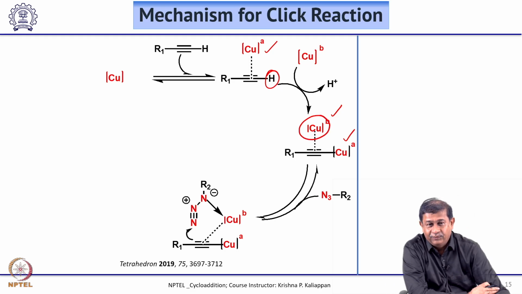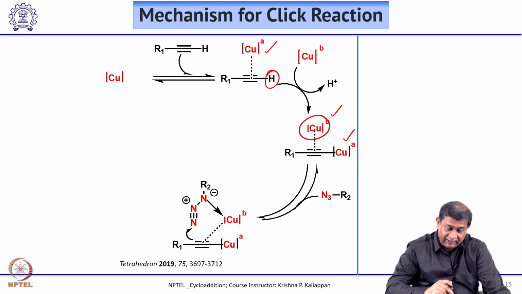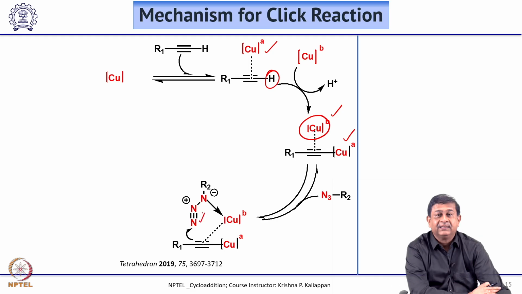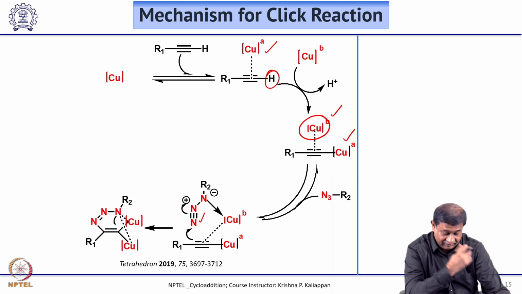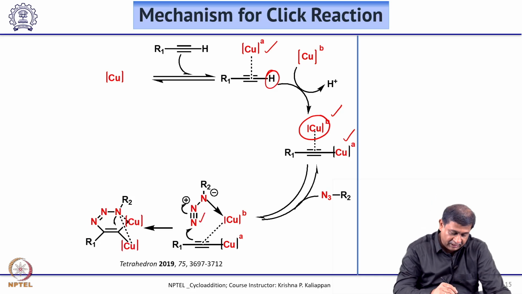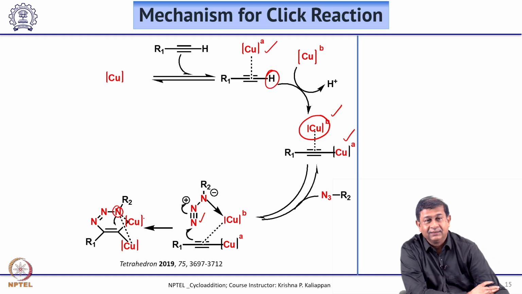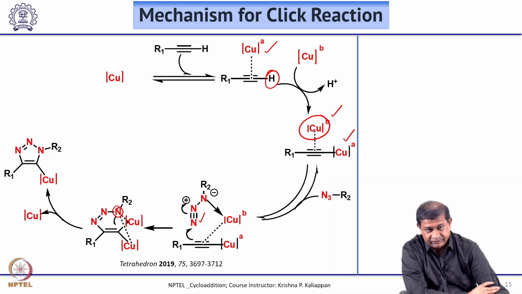Okay. Now, the triple bond attacks the azide. So, basically that leads to the 6-membered ring, and when the 6-membered ring is formed, this nitrogen, that is the internal nitrogen, attacks the double bond and the copper comes out. Okay.